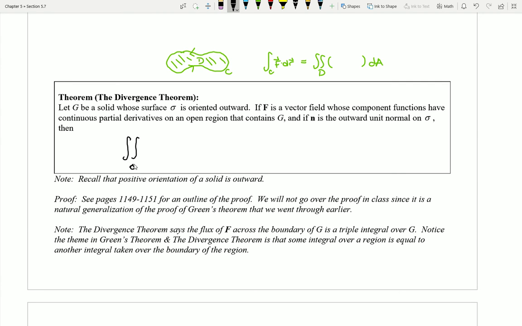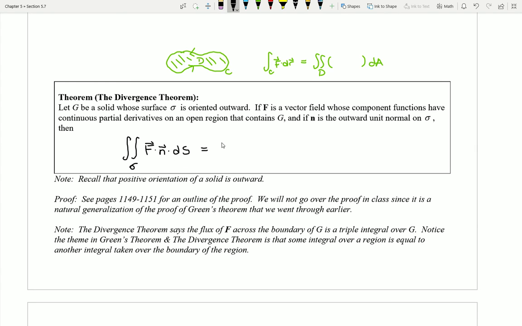So if I wanted to compute the flux of my vector field through my surface sigma, again, this is similar to this line integral that I have here. Notice I'm working through the surface that has an orientation, and I kind of have this work integral sort of set up. It's a flux integral.